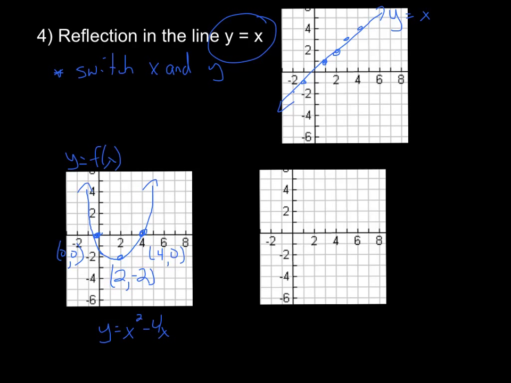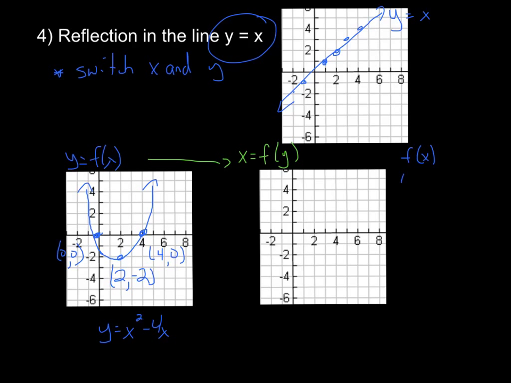Okay, so in order to graph its reflection, this is what we do. Remember, we switch x and y. So instead of y equals f of x, it's actually x equals f of y. Y is the input and x is the output. Write down those ordered pairs that we had from f of x.